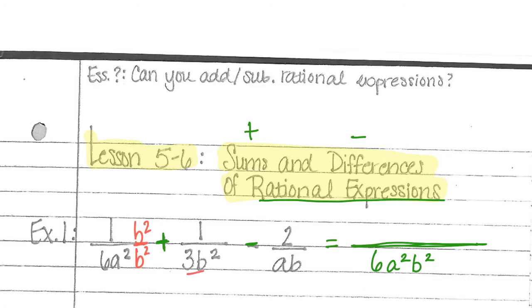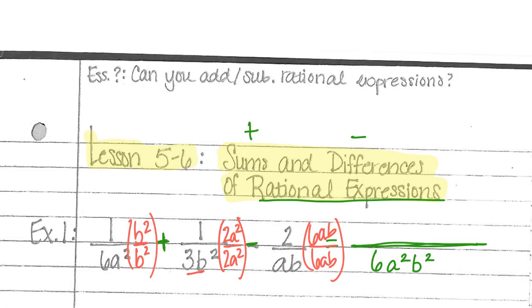To get from 3b squared to 6a squared b squared, I need to multiply by 2a squared. To get from ab to 6a squared b squared, I need to multiply by 6ab over 6ab. Again, I can multiply anything through by 1 and not change its value.